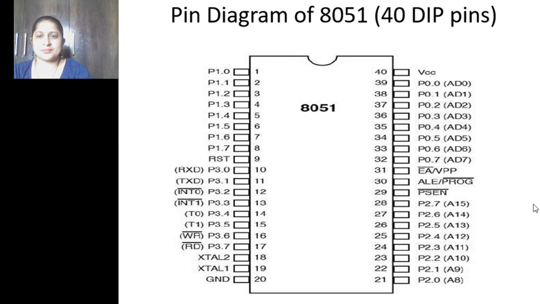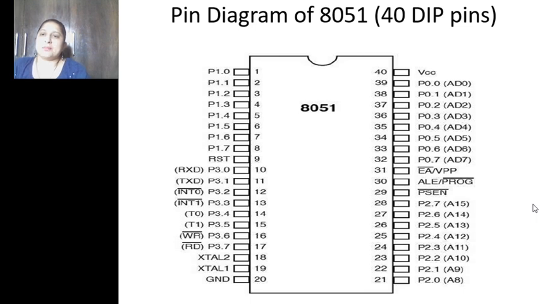Some pins perform a single function, and some pins perform more than one function, maybe two or three functions. So we will see in detail the functions of each pin of 8051.